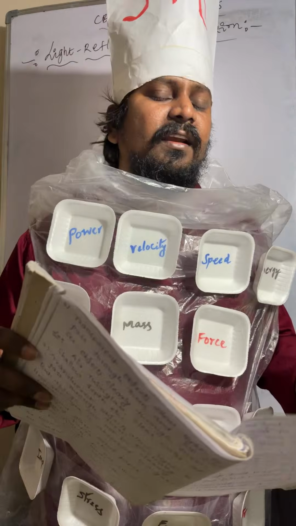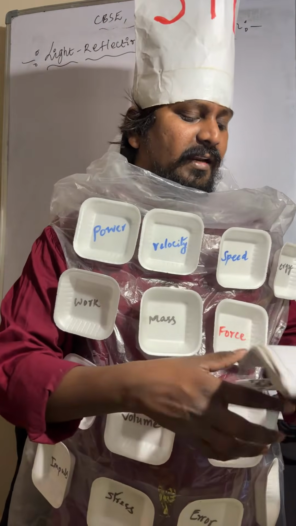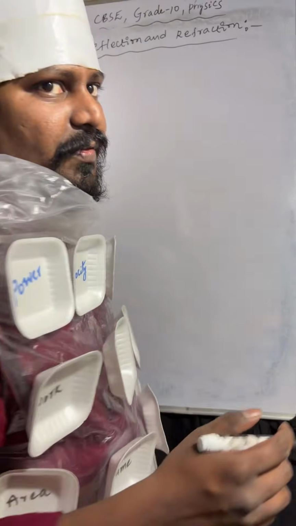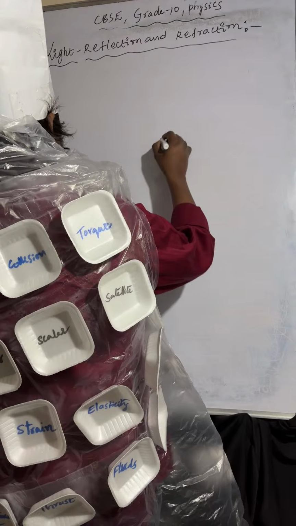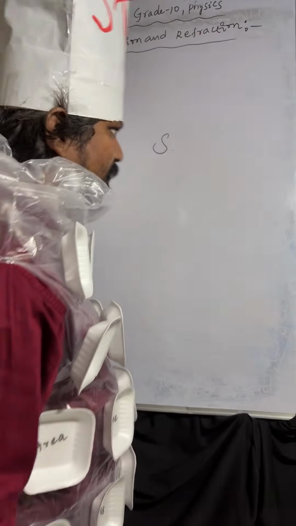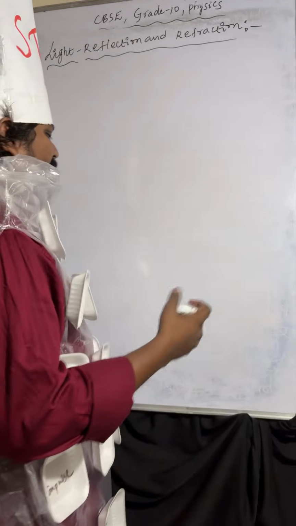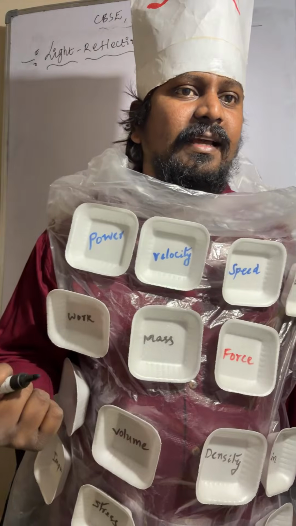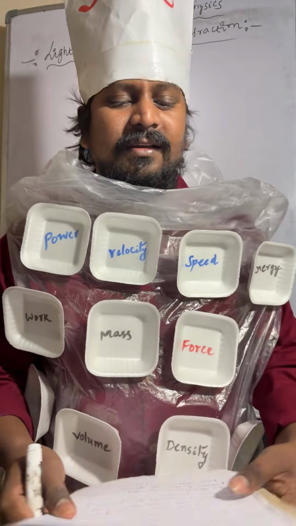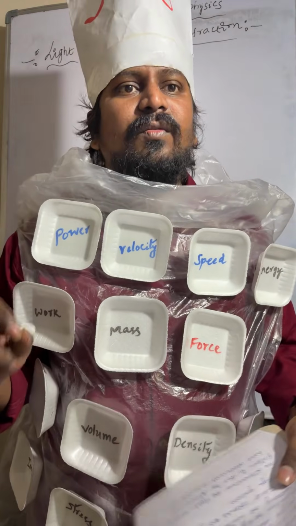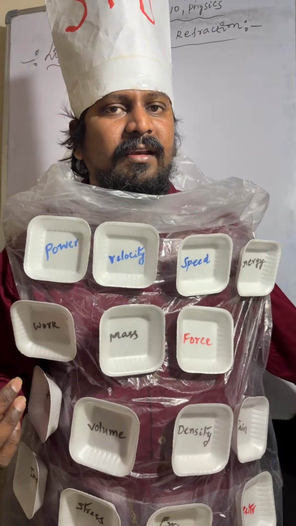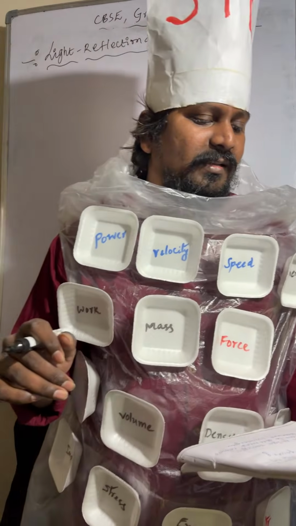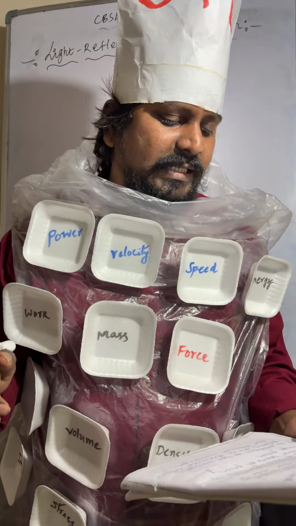Will a real image or a virtual image be obtained on a screen? Which type of image can be caught on the screen? Only a real image can be caught on the screen. Okay. Next.